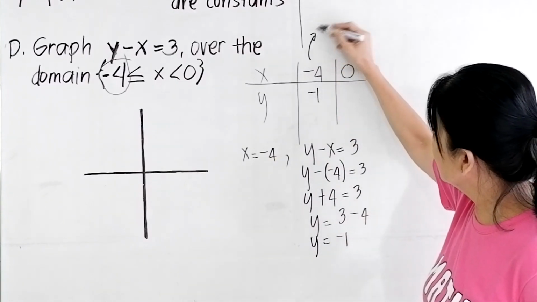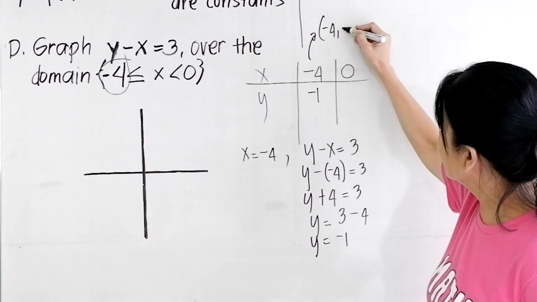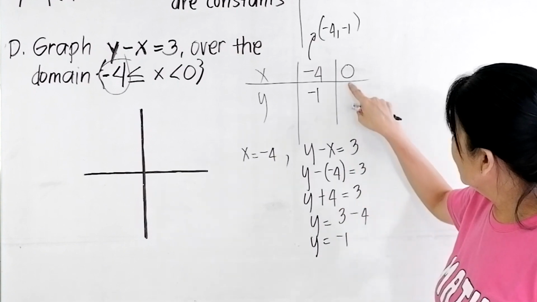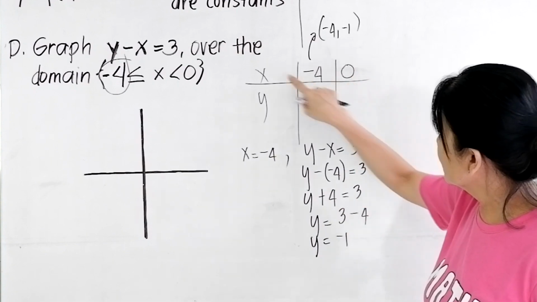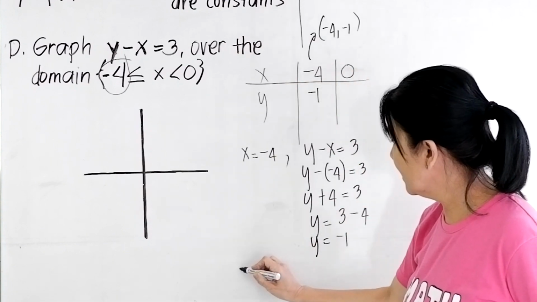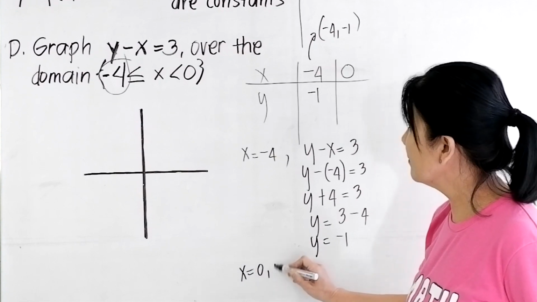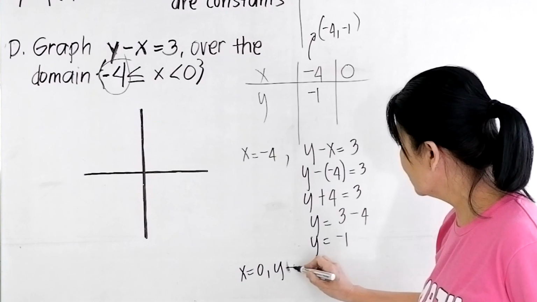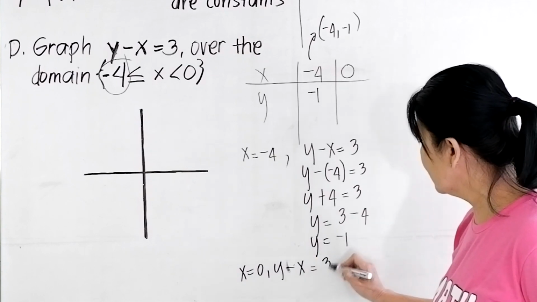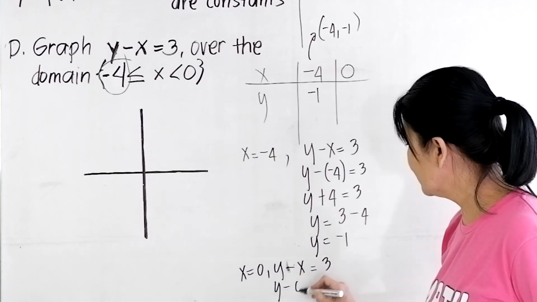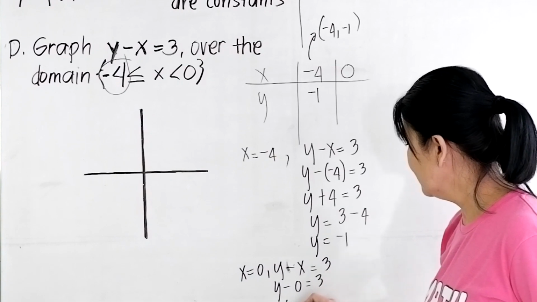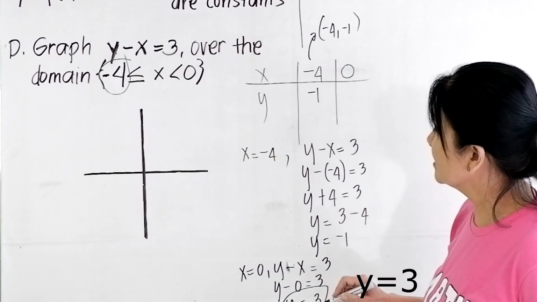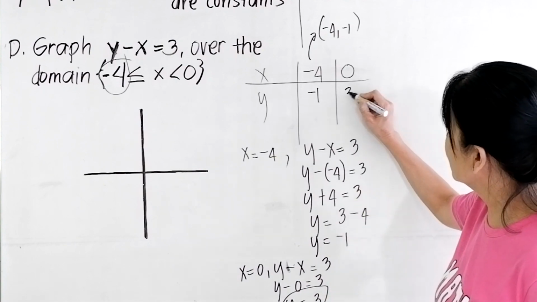Remember, this is an ordered pair, -4, -1. Then we substitute x equals 0. So when x equals 0, we have y minus x equals 3. So y minus 0 equals 3. So y is 3. So when x equals 0, y is 3.